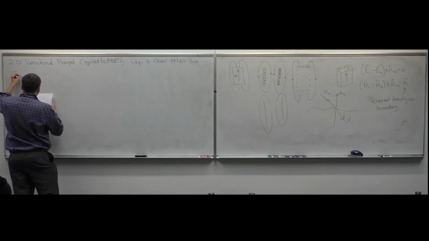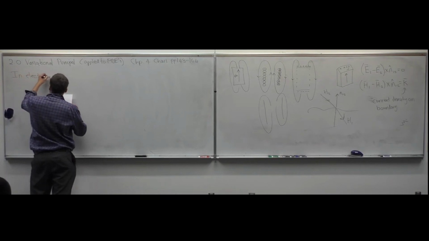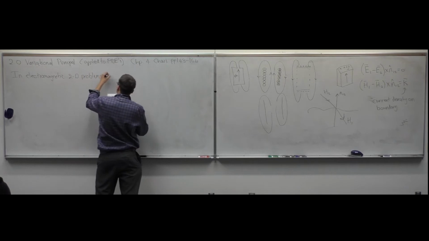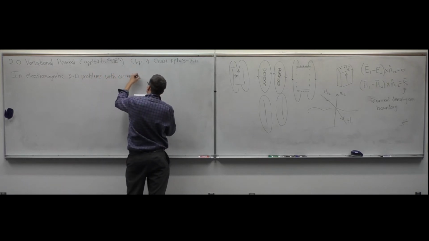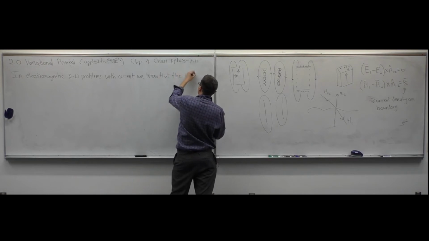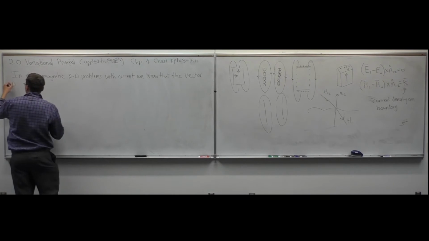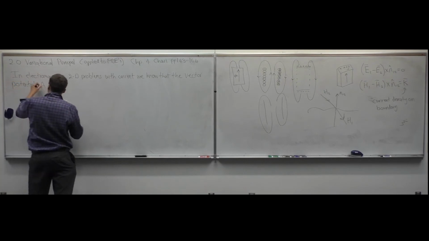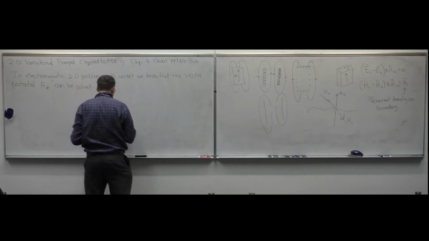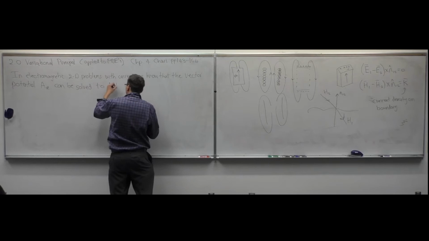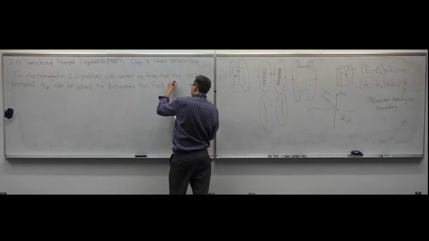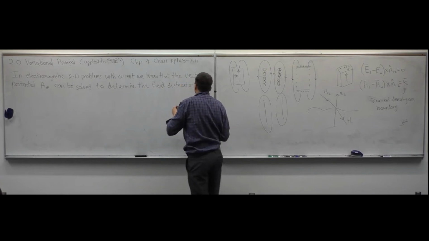So in electromagnetic 2D problems with current, we know that the vector potential AZ can be solved to determine the field distribution in space.